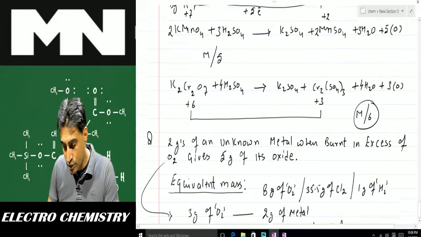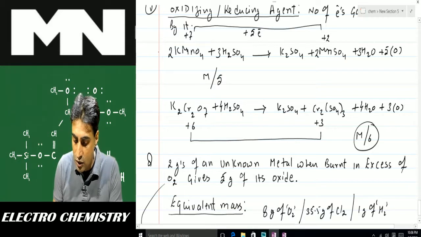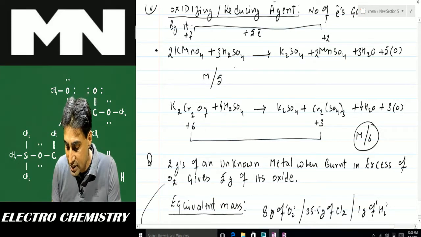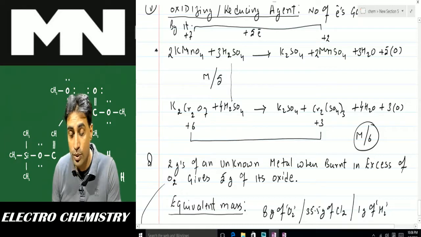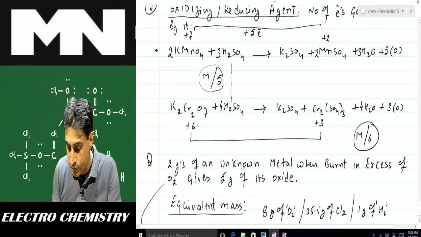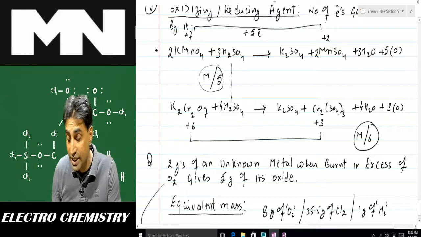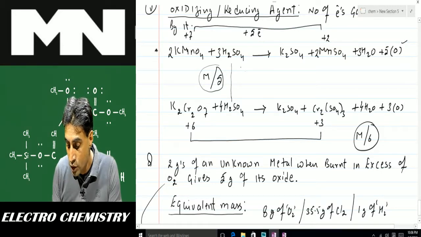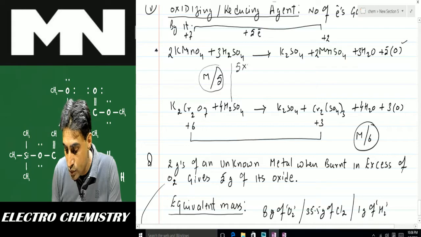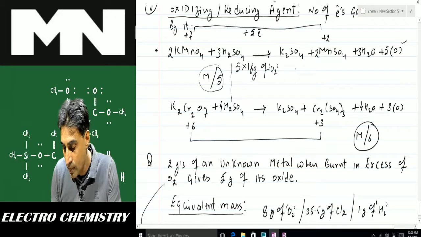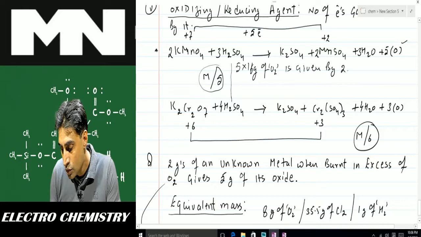I would like to show you one more thing. Like in this example of KMnO4, I'll show you how we'll calculate equivalent mass, and it will come out to be M by 5. In this equation, if the molar mass of KMnO4 is M, then 2 moles of KMnO4 react to give 5 moles of oxygen. You can say that 5 into 16 grams of oxygen is given by 2M grams of KMnO4.